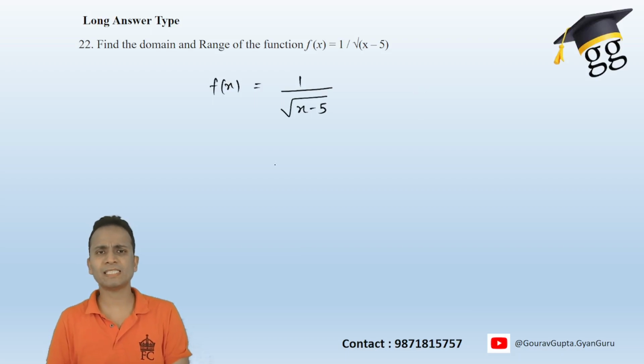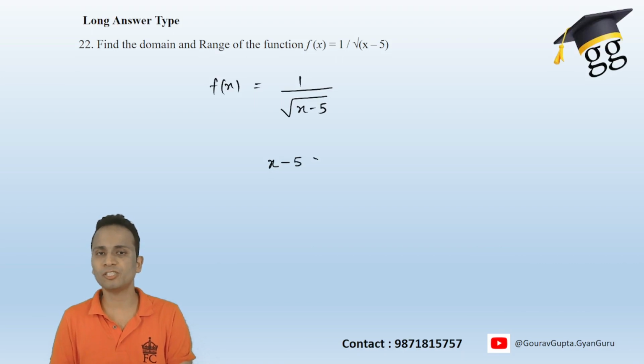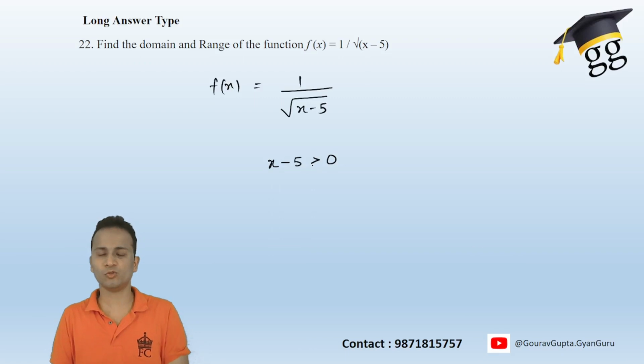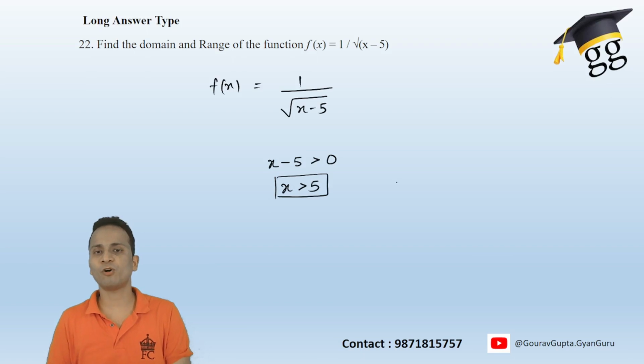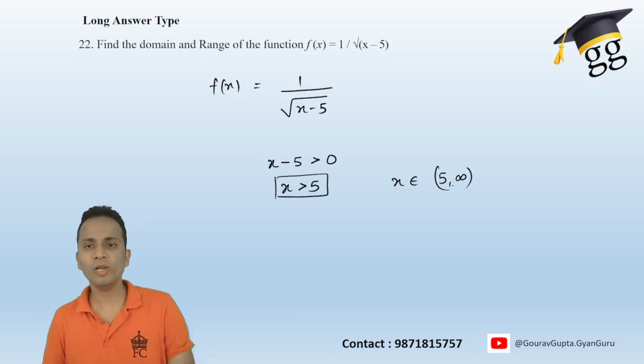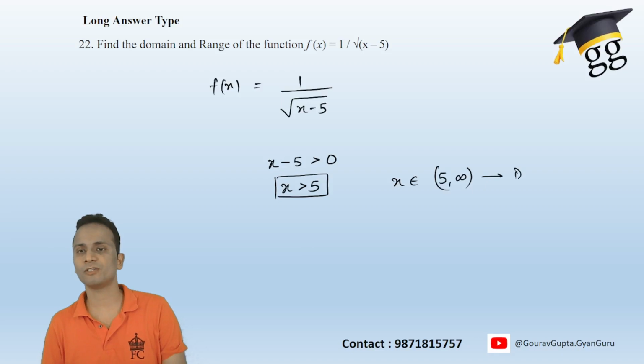So simply I can say that x minus 5 should be strictly greater than 0. It cannot be equal to 0 as well, right? So that means x is greater than 5, or I can say that x belongs to the open interval 5 comma infinity. 5 is not included, and that will be the domain of this function.